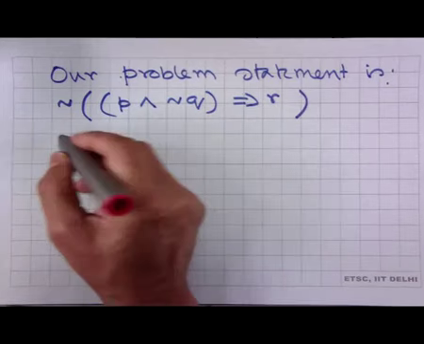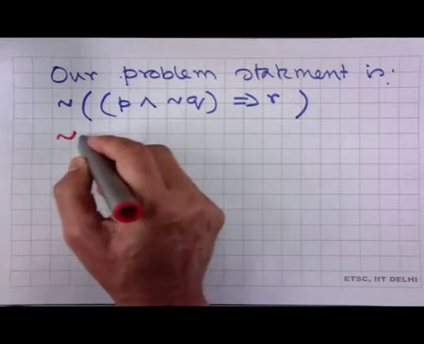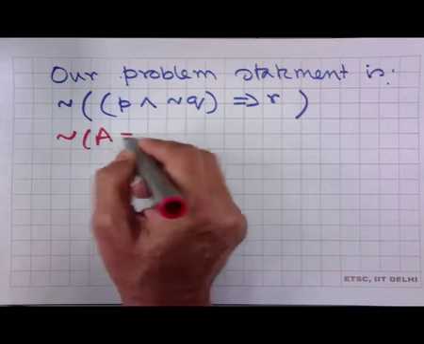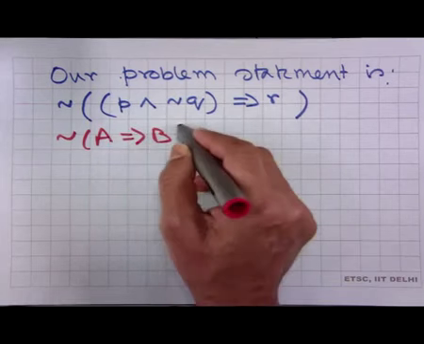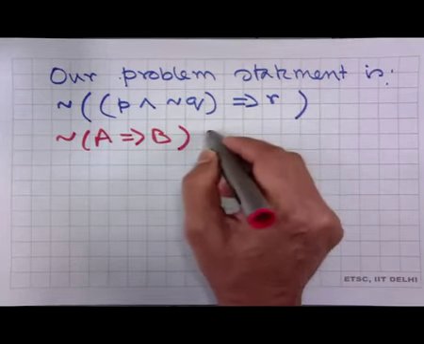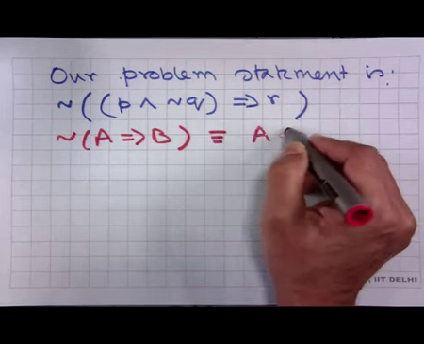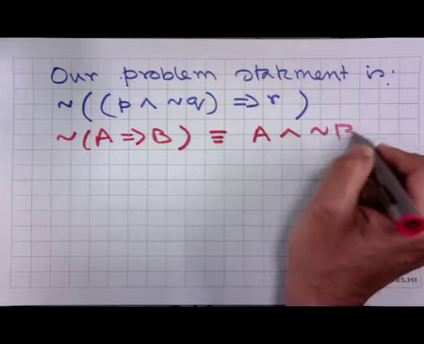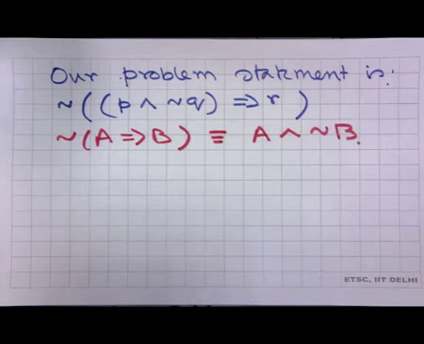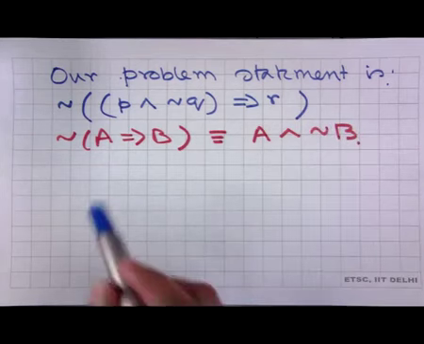We have negation of A implies B is equivalent to A and not B. Therefore, we apply the same here.